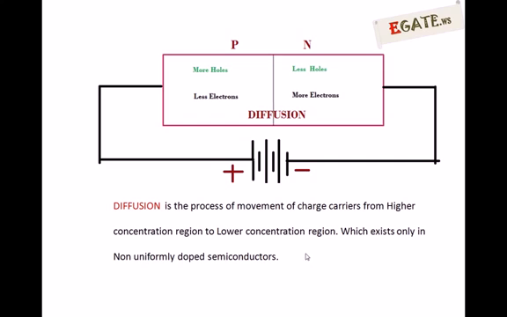Diffusion is the process of movement of charge carriers from higher concentration region to lower concentration region. So diffusion happens in a PN junction, that too under forward bias. Diffusion dominates under forward bias, whereas drift dominates under reverse bias. This is a standard statement.